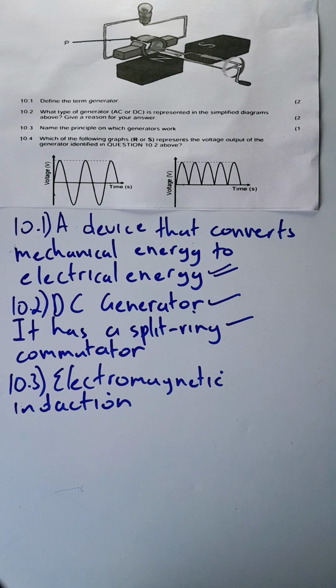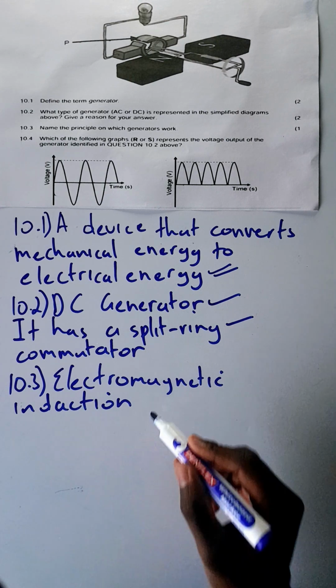When the magnetic flux linked to the coil changes, an EMF is induced in the coil. The magnitude of the induced EMF is directly proportional to the rate of change of magnetic flux. That is Faraday's law of electromagnetic induction, the principle on which the generator is based.